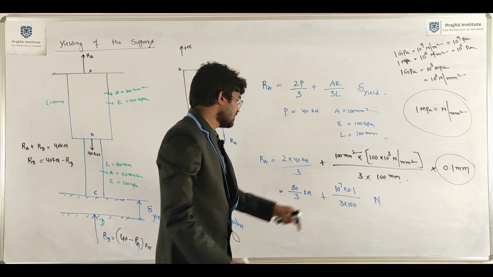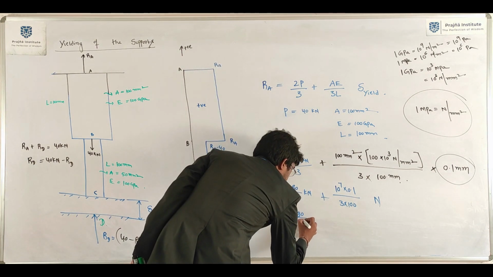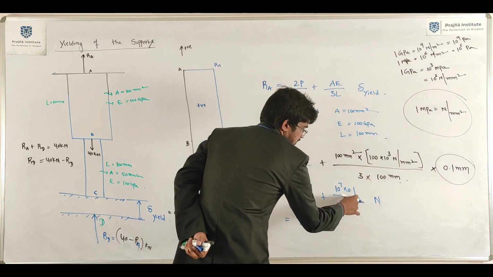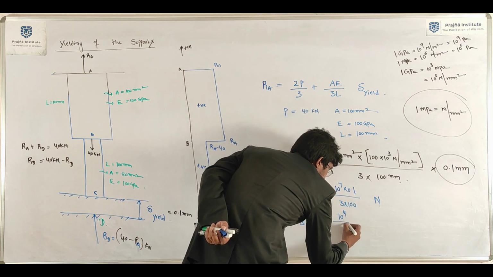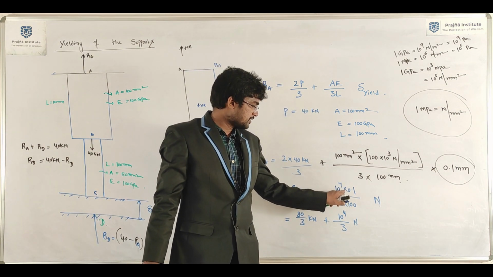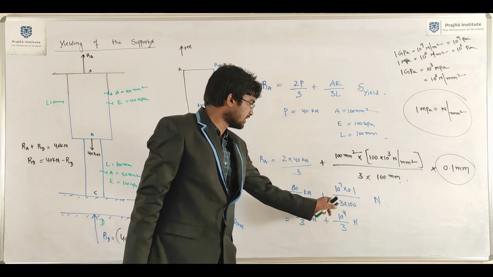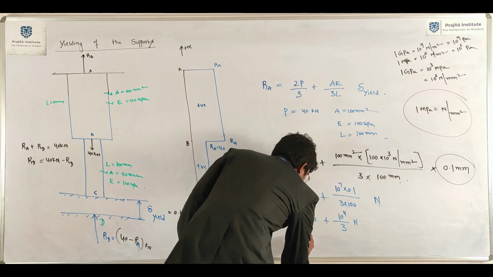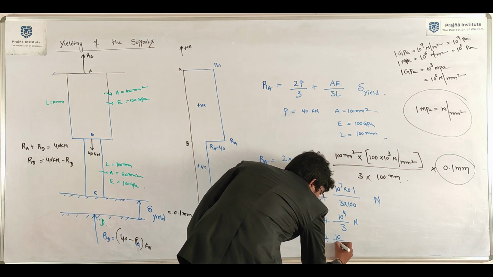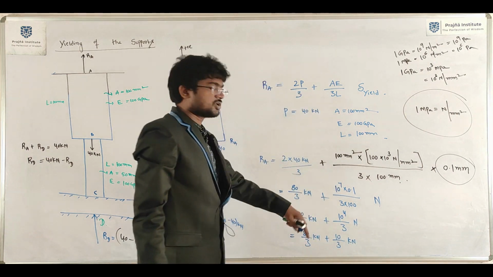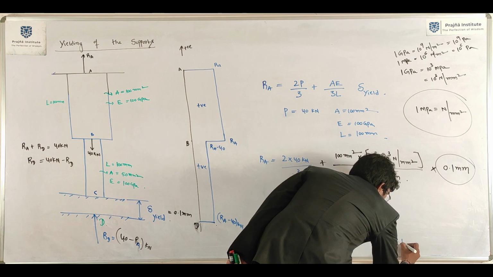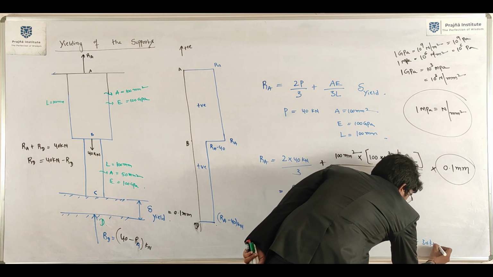So finally how much will you get here? 80 by 3 kilonewton plus, here total 10 power 4 Newton. Correct? 10 power 7 means 10 power 6 cancels out. Finally 10 power 4 Newton. Here you can write 80 by 3 kilonewton plus 10 by 3 kilonewton. Correct? 1 kilonewton equal to 10 cube Newtons. So finally here you will get 90 by 3 kilonewton, 30 kilonewton.